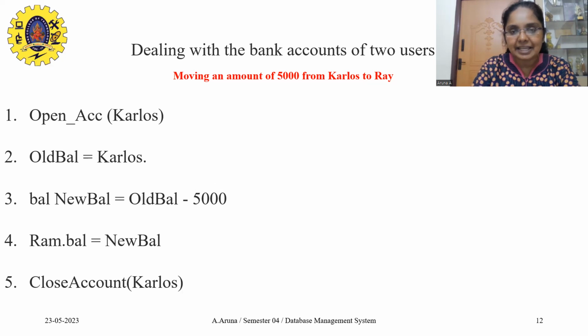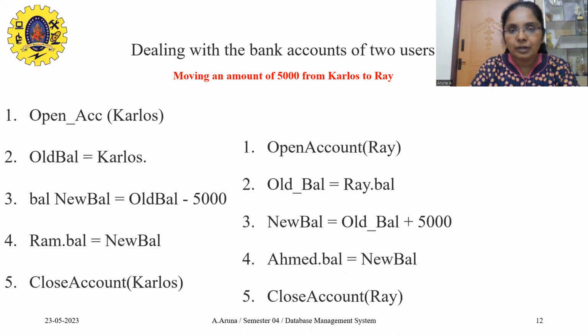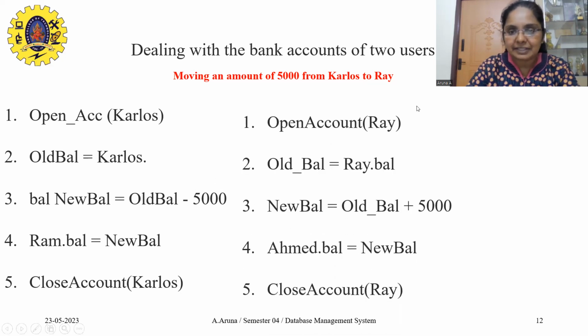In the second stage, in Roy's account, a similar process happens: the account is opened. After opening the account, it checks the old balance. Whatever amount was debited from the other person's account can now be credited here, that is, plus 5,000. It is added to Roy's old balance and stored in the new balance.